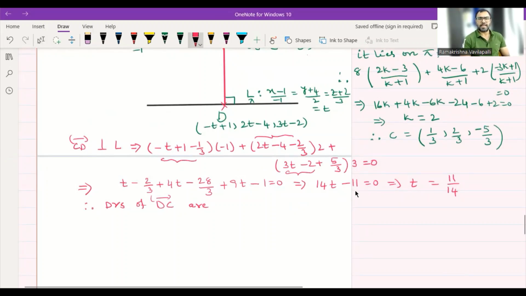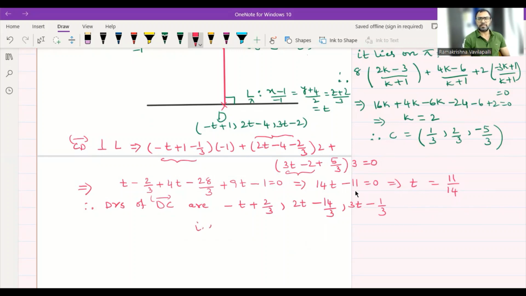This is minus t plus 2 by 3, comma, this one is 2t minus 14 by 3, and this is 3t minus 1 by 3. Substitute the t value here.